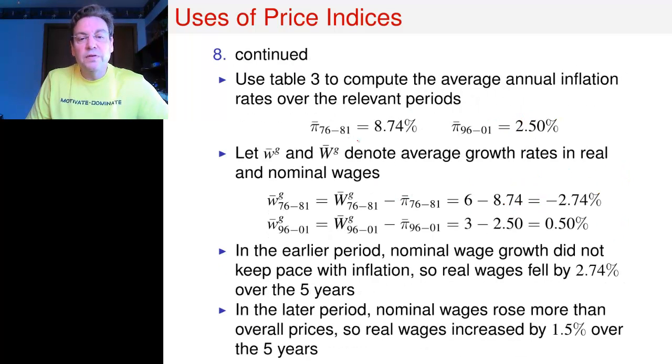But to continue with this example then, from '76 to '81, the average inflation rate was almost 9%. From '96 to 2001, it was 2.5%.